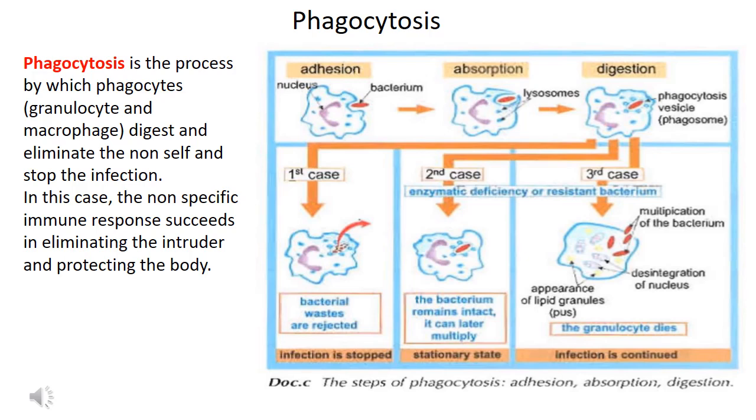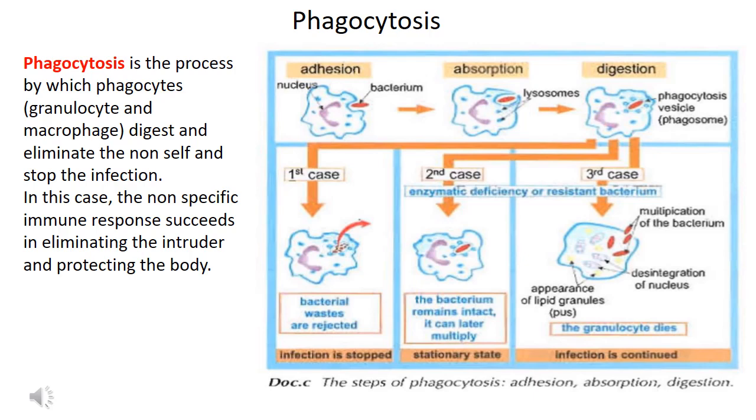In this case, the nonspecific immune response succeeds in eliminating the intruder and protecting the body, of course, if phagocytosis happens. So, after infection, the monocyte leaves the blood capillary and transforms into a bigger cell called macrophage. Similarly, the granulocyte is able to leave the capillary in order to eliminate the intruder. Granulocytes and macrophage are called phagocytes.